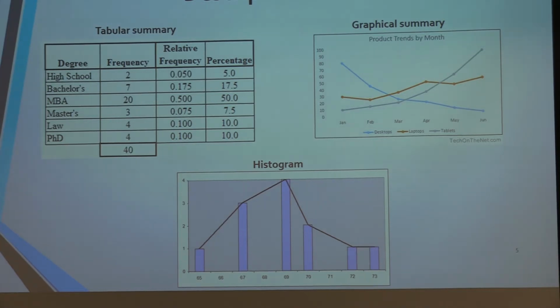It says that 2 people only got a high school degree, 7 bachelors, and 20 MBA, and 3 masters, 4 law, and 4 PhD. So which one is the most frequent? MBA. That's right. Descriptive statistics provides you with this information. Okay. All right.